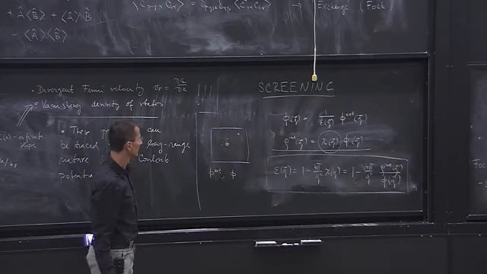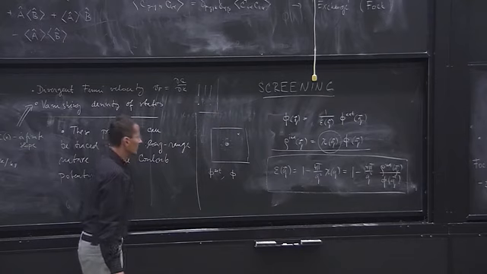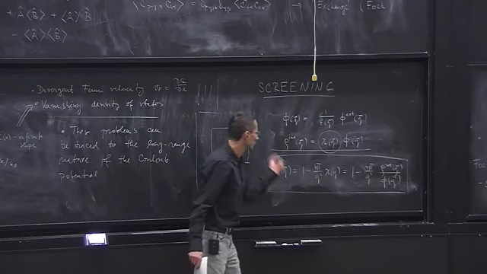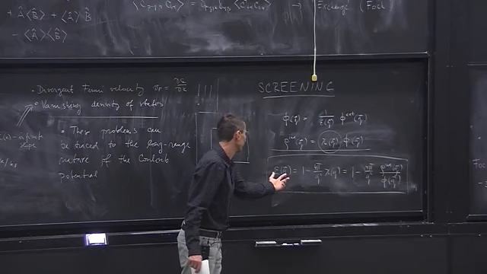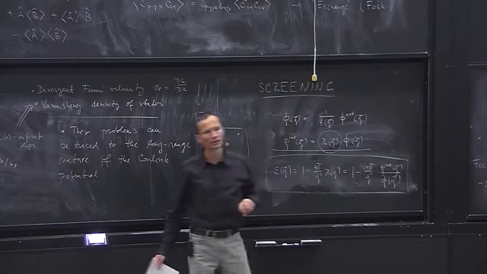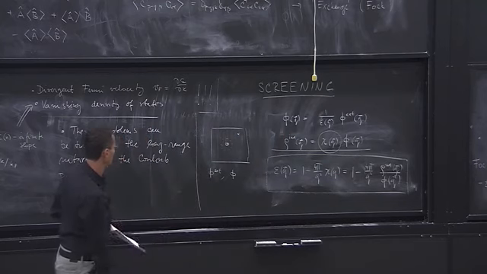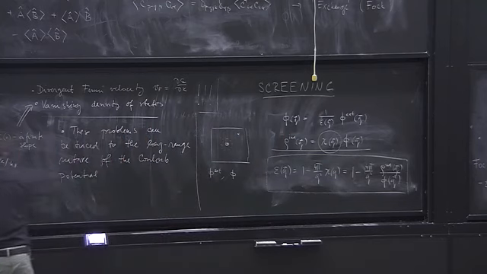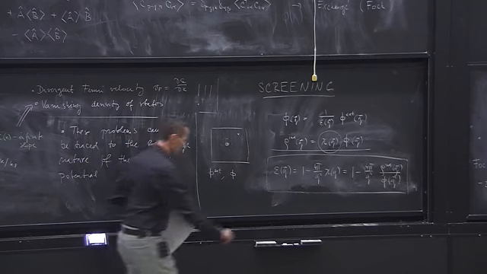That's a quantity that one can easily calculate. The quantity that one actually wants to describe a solid is this dielectric constant, but as we see, it's very simply related to chi of q that we will be able to calculate. So are there any questions about this?